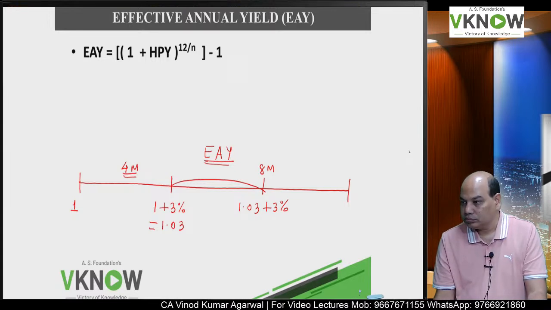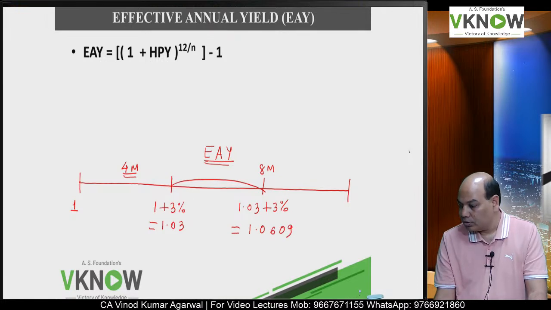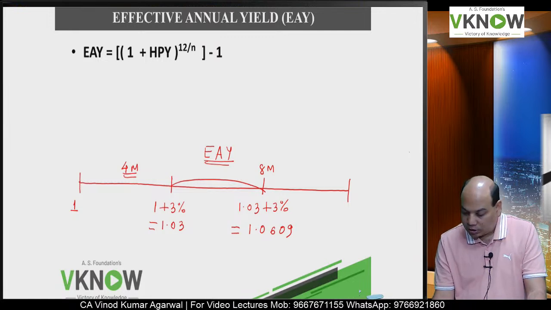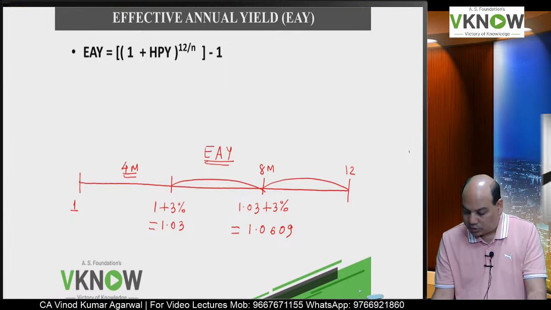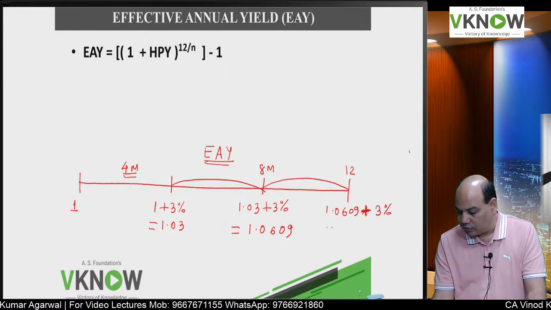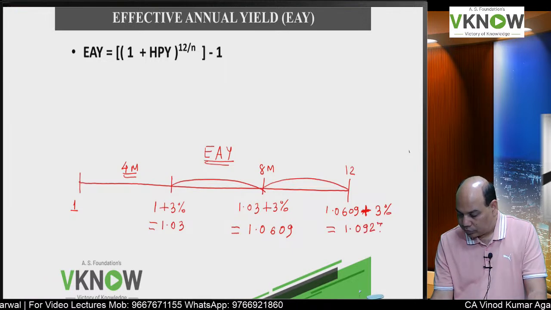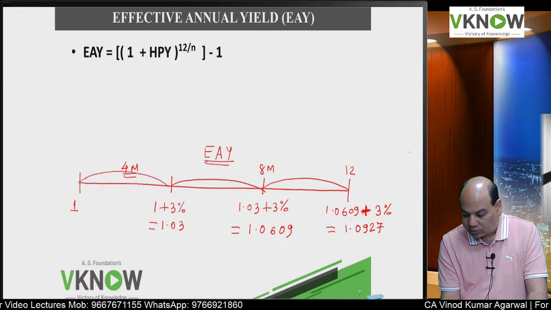How much? 1.0609. And after another 4 months, that is at the end of 12 months, 1.0609 plus 3%. How much is that? 1.0927.